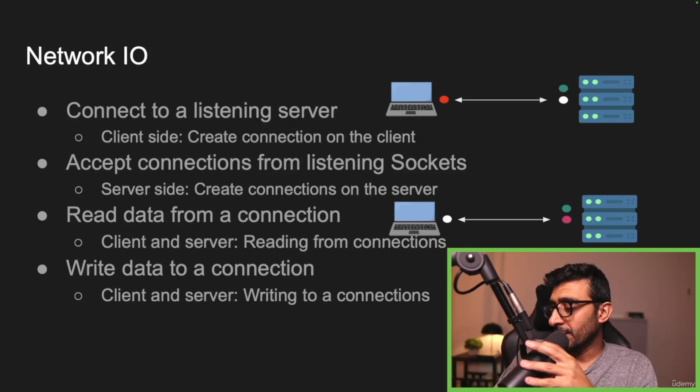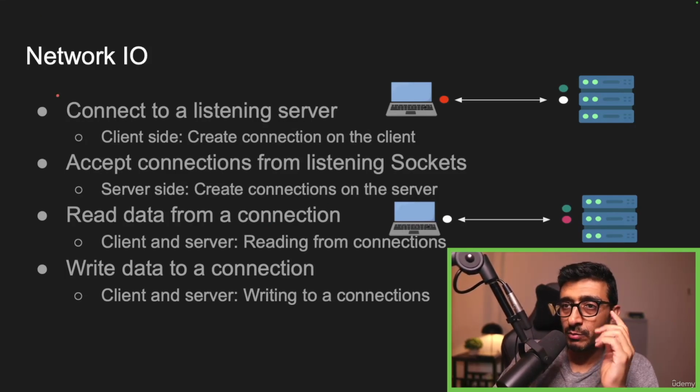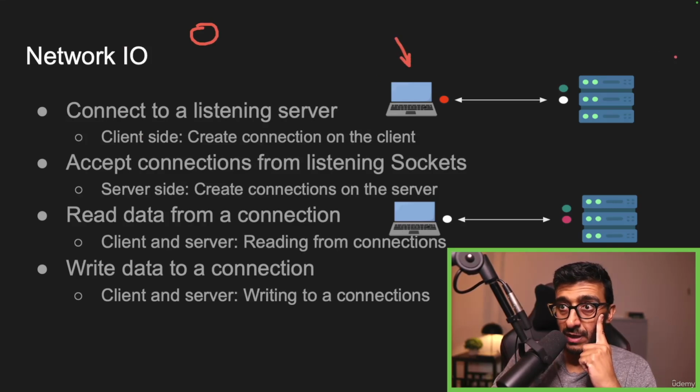I see networking to be summarized into these 4 bullet points. I don't think there are other options there. The way I look at networking, Node can act either as a client or as a server.